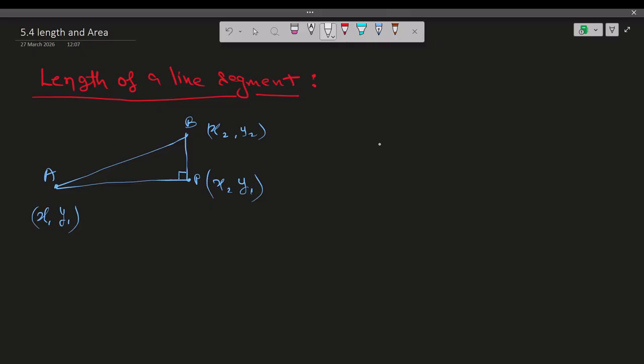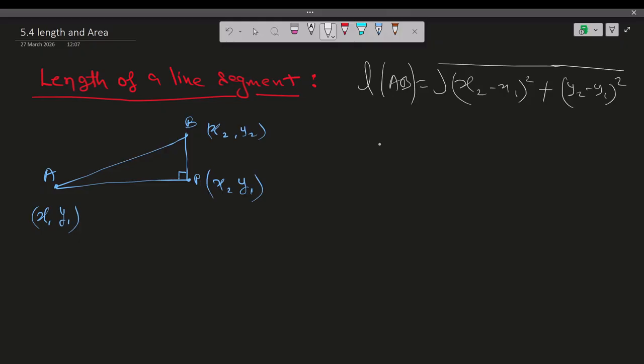For the length of a line segment, we have a formula: the length of AB is the square root of (x2 minus x1) whole squared plus (y2 minus y1) whole squared. Let us see how we got this. Let the coordinates of point A be x1, y1 and B be x2, y2.